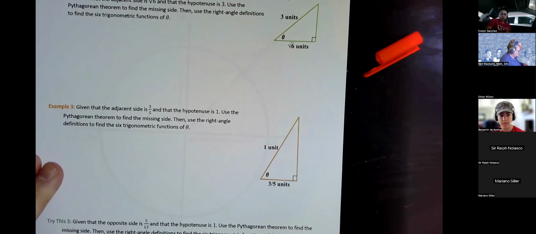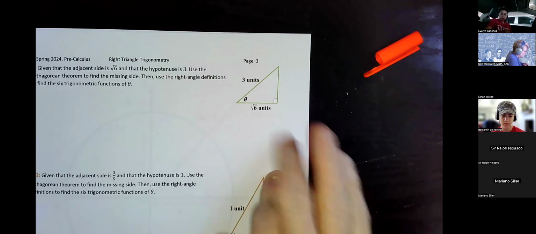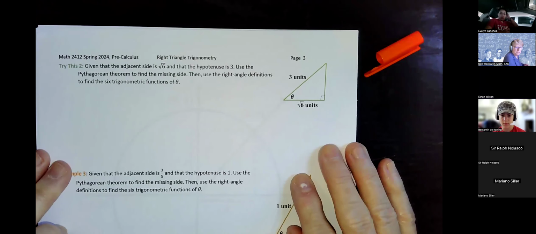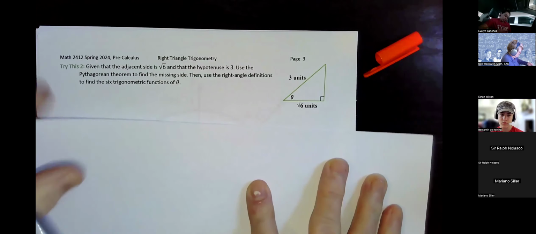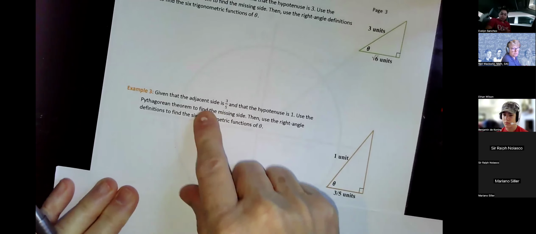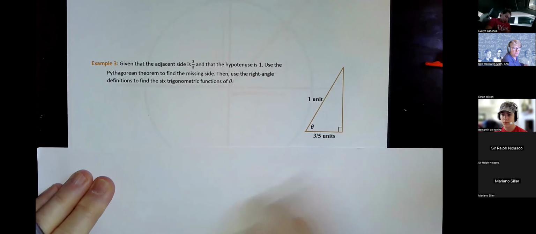So I'd like to do, this one was a try this, but I'd like to do this one with y'all, just because it's fun to play with. Actually, I keep flipping all over the place, sorry. So let's do this one, because this one has fractions, and fractions are probably everyone's biggest joy.